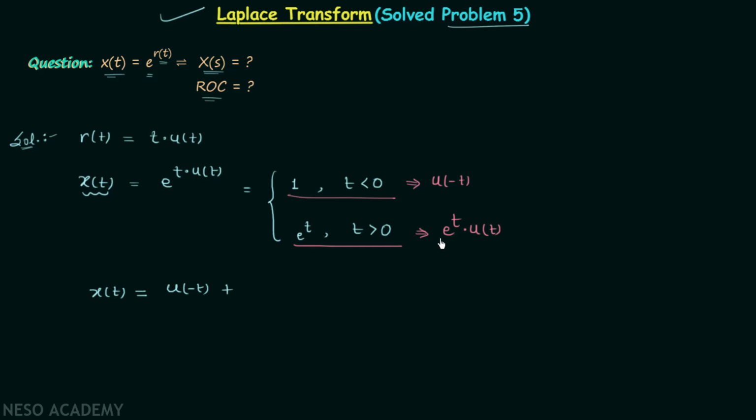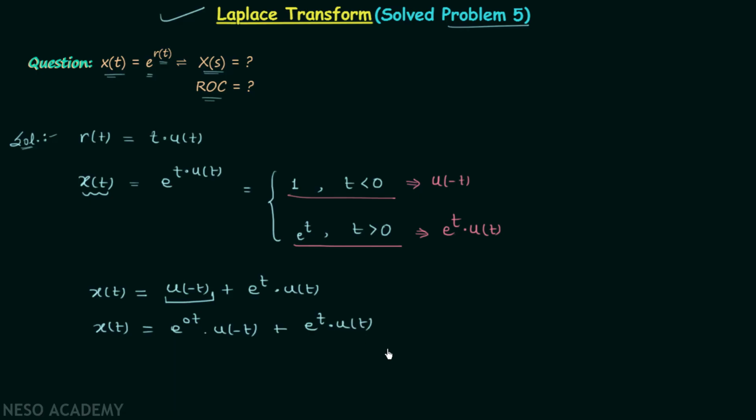plus e^t multiplied by u(t). Or we can write signal x(t) equal to e^(0t) multiplied by u(-t). e^(0t) is equal to 1, so this will be the same as u(-t) plus e^t multiplied by u(t).